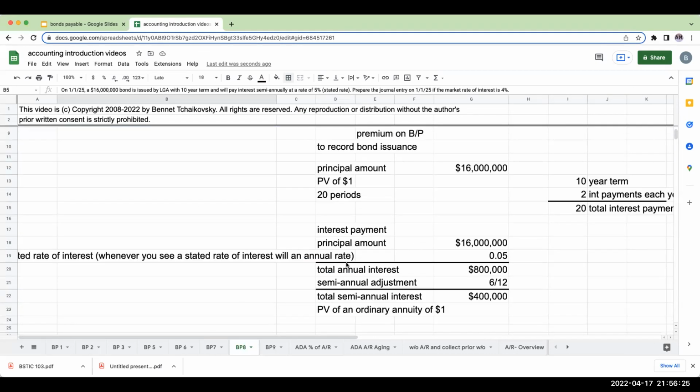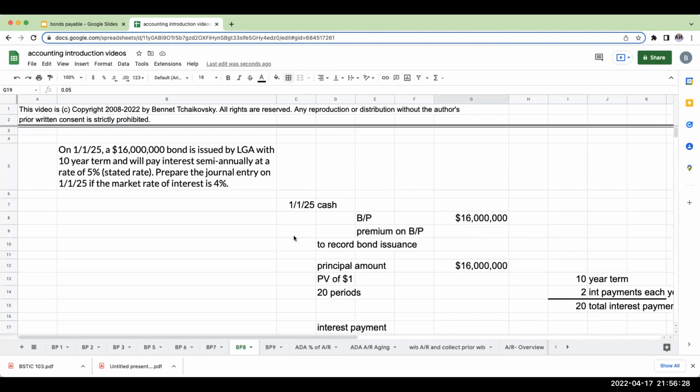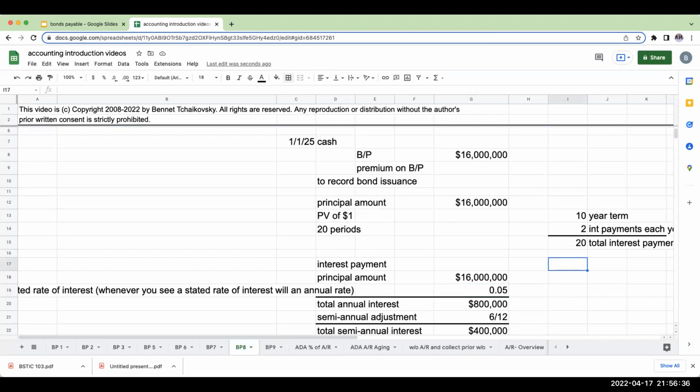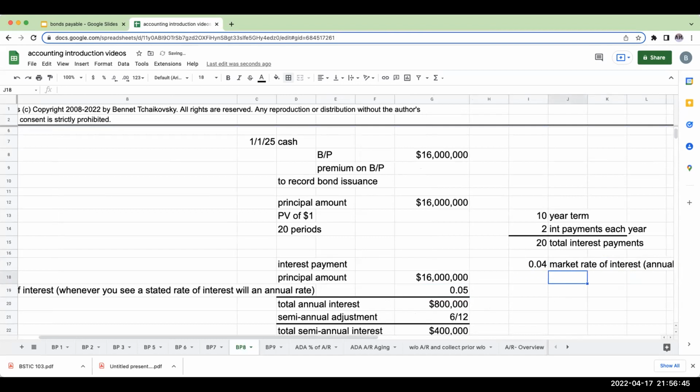However, just like that 5%, whenever you see an interest rate, it is always going to be an annual rate. So here, we've got the market rate of interest. This is an annual rate. So to make this semi-annual adjustment, this is going to be 6/12. So I'm going to multiply 0.04 by 6/12, and what am I going to get?